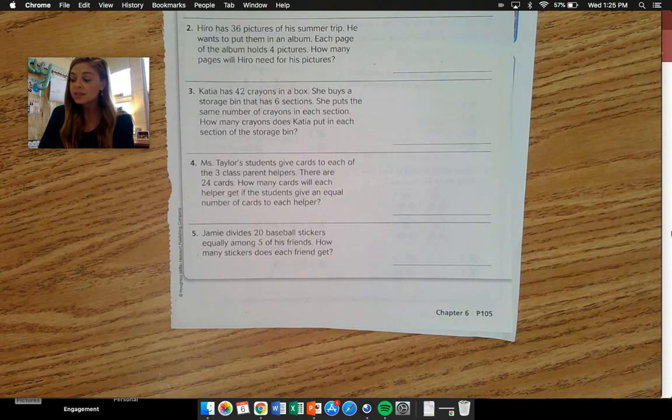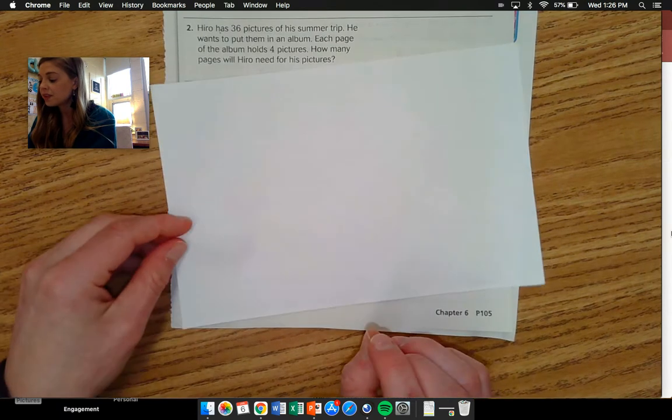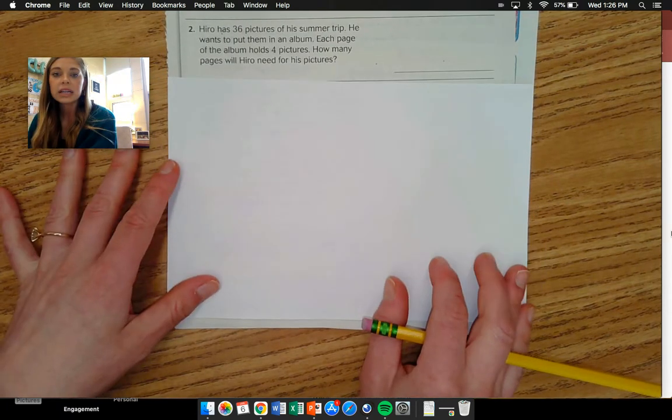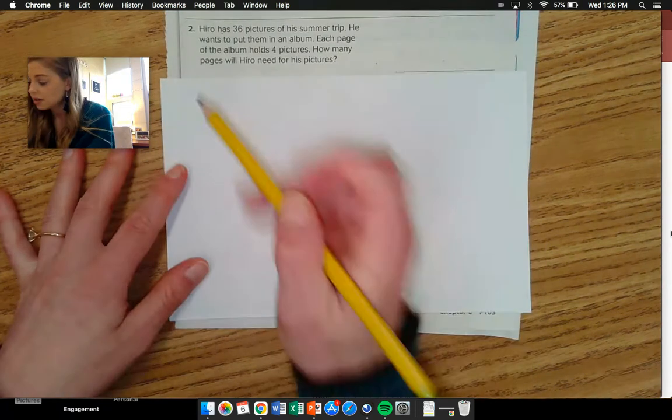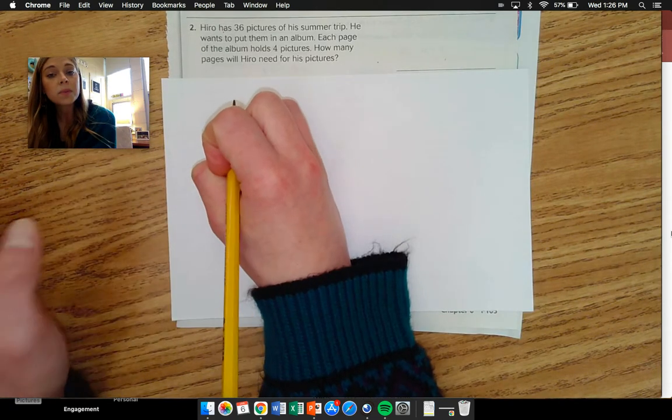I'm going to have you do this with me too. Do not draw little tiny groups, because you're going to need to fit those X's in there.